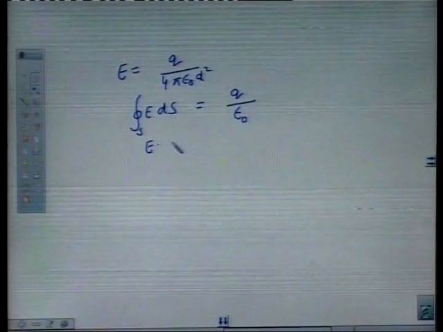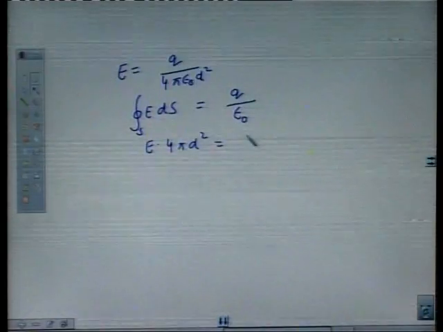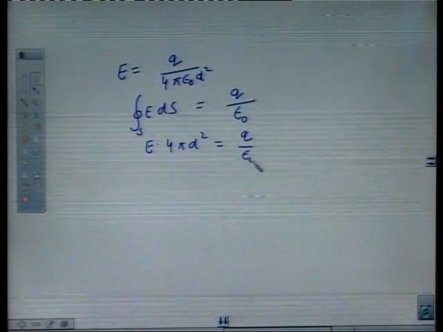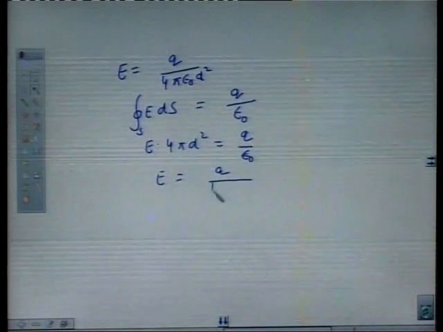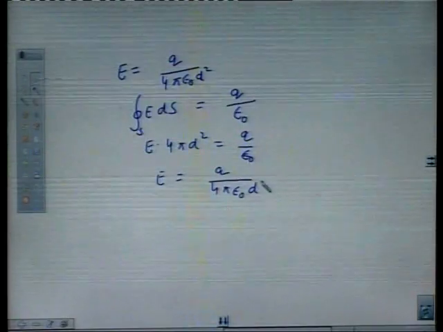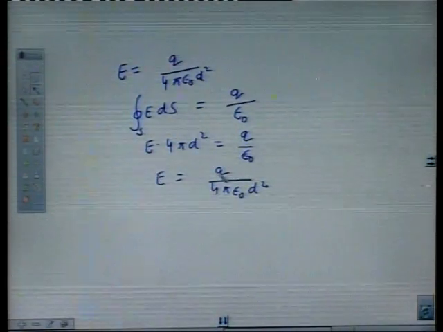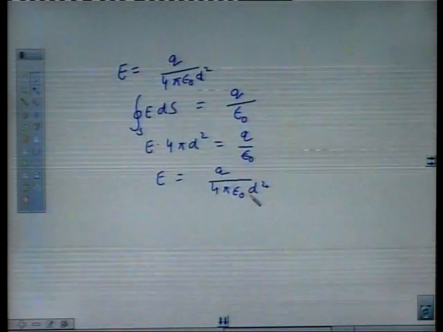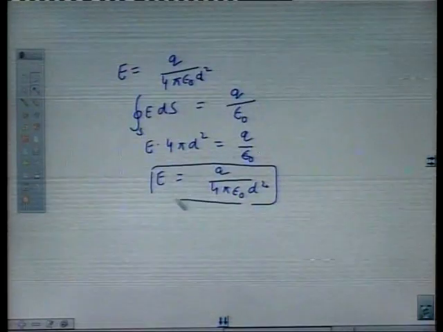E into 4 pi d square is equal to q upon epsilon naught. E is equal to q upon 4 pi epsilon naught into d square. So we have derived the formula of electric field due to point charge q at any distance d. This is the electric field.